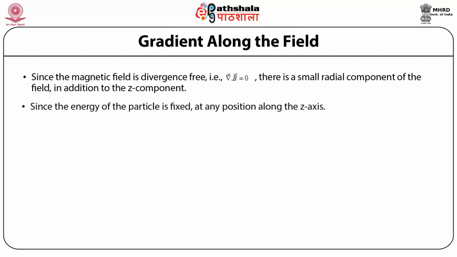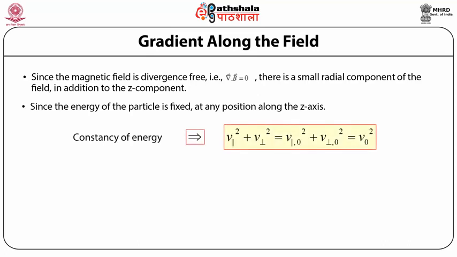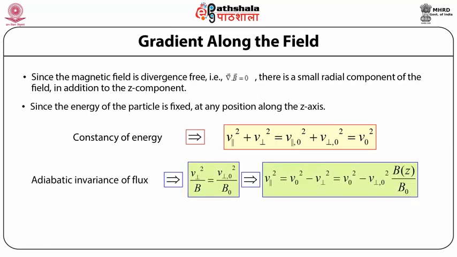Since the energy of the particle is fixed at any position along the z-axis, V parallel square plus V perpendicular square equals V parallel naught square plus V perpendicular naught square, which equals V naught square. So if we assume that the flux is an adiabatic invariant, then V perpendicular square by B equals V perpendicular naught square by B naught.